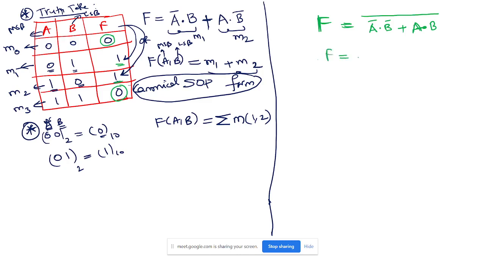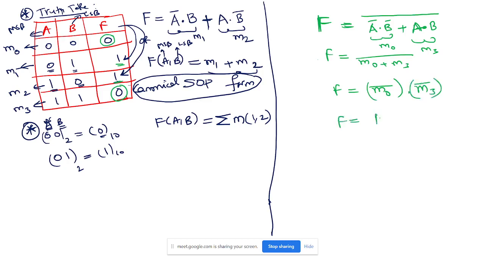So this F can be written as what? This is min term 0, this is min term 3. So M0 plus M3 whole complement. So F is what? M0 complement, we know De Morgan's law already, M3 complement. So F is M0 into M3.